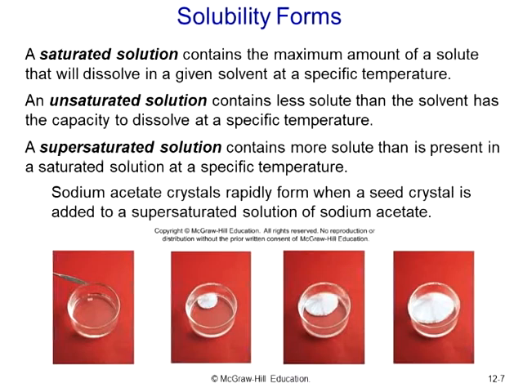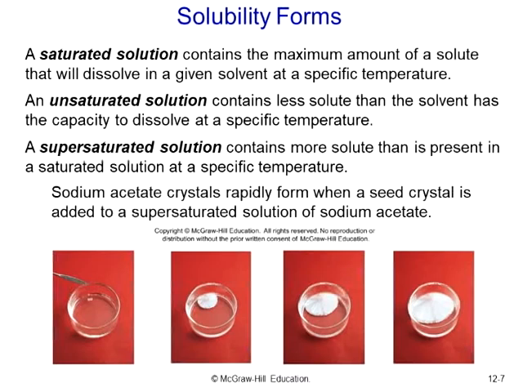An example would be sodium acetate. Sodium acetate crystals rapidly form when a seed crystal is added to a supersaturated solution of sodium acetate. In other words, once you reach that saturation point, adding more will cause some solute to fall out of solution. So the supersaturation point will be when you start to see the solute fall out of solution.